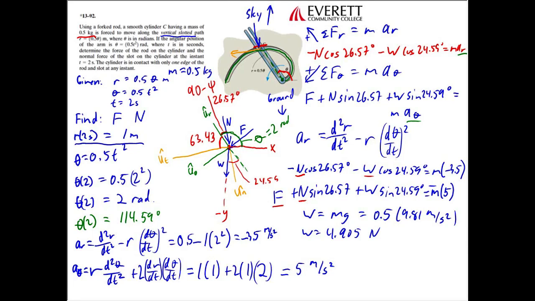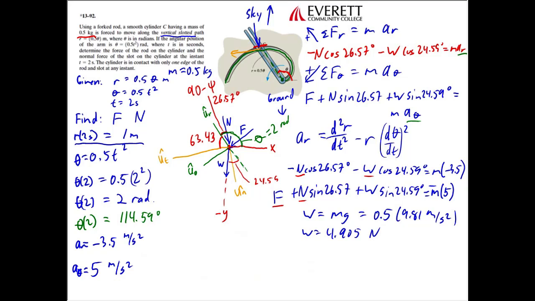And actually I changed my mind. Since we have one equation that only has one unknown, some of the force in the r direction, we're just going to solve for that directly. So I have this equation right here.